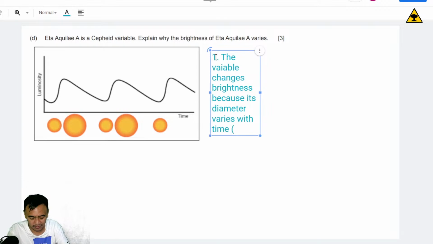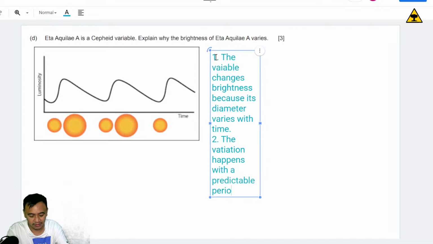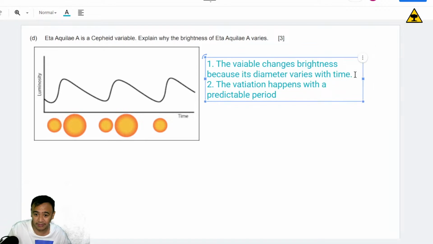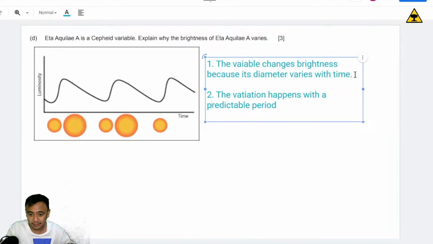Okay, the second part is the variation. The variation happens with a constant, predictable period. This is how I would say it. So that's the first part. The second part, we've got 2 marks already, right? The variation happens with a predictable period.